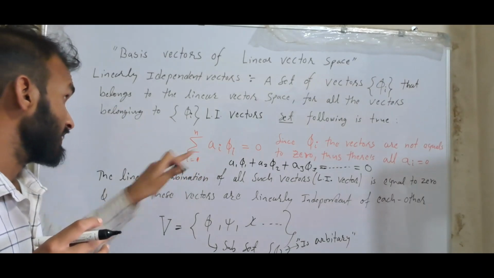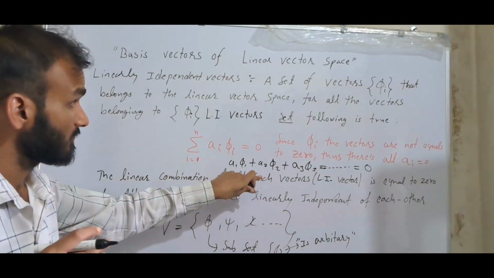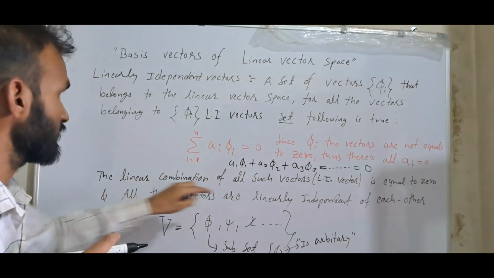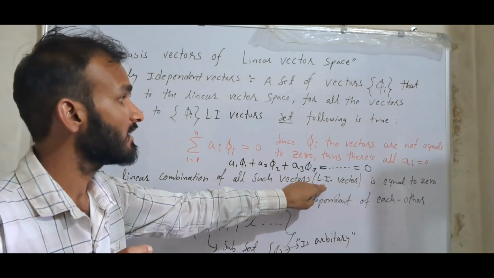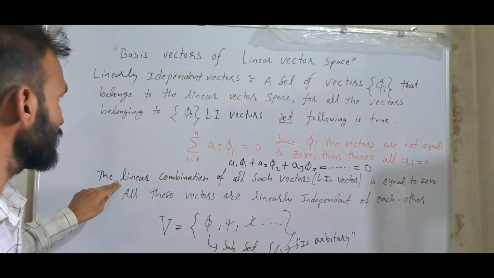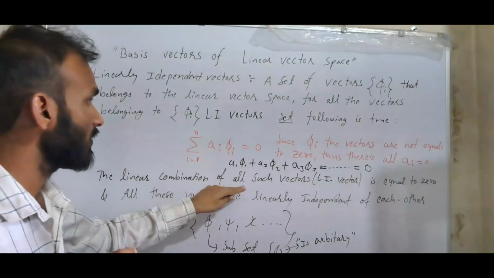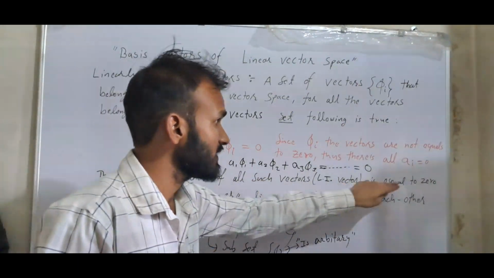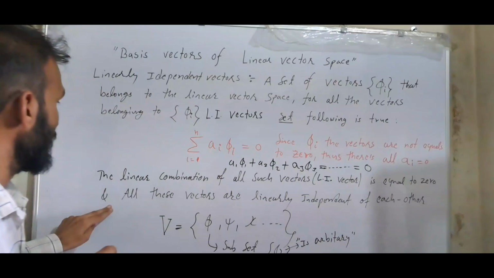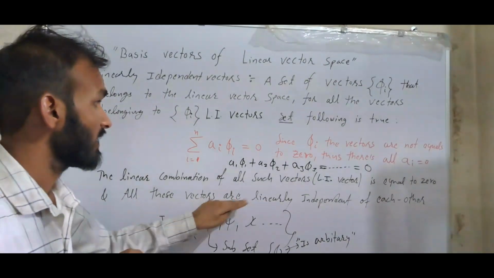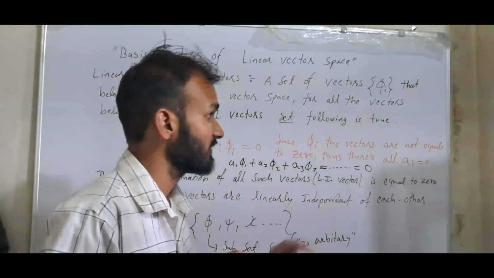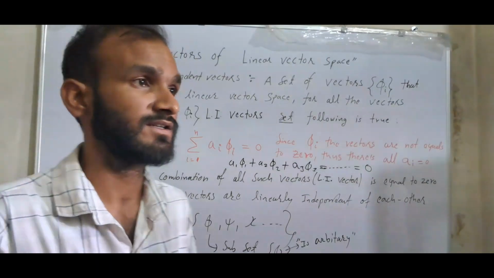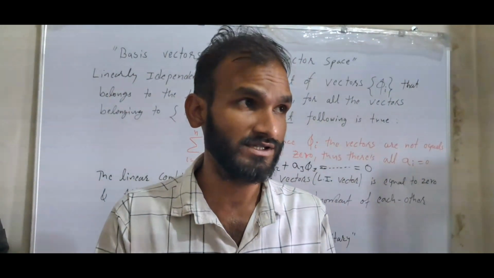This is called the linear combination of such vectors. Which vectors? Linearly independent vectors. The linear combination of all such linearly independent vectors is equal to 0, and all these vectors are linearly independent of each other.